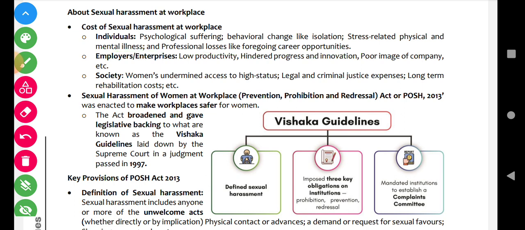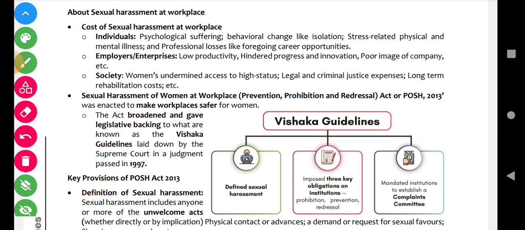Next, for employers or enterprises: low productivity, hindered progress and innovation, poor image of the company, and in society, women being undermined in access to high status, legal and criminal justice expenses, and long-term rehabilitation cost.